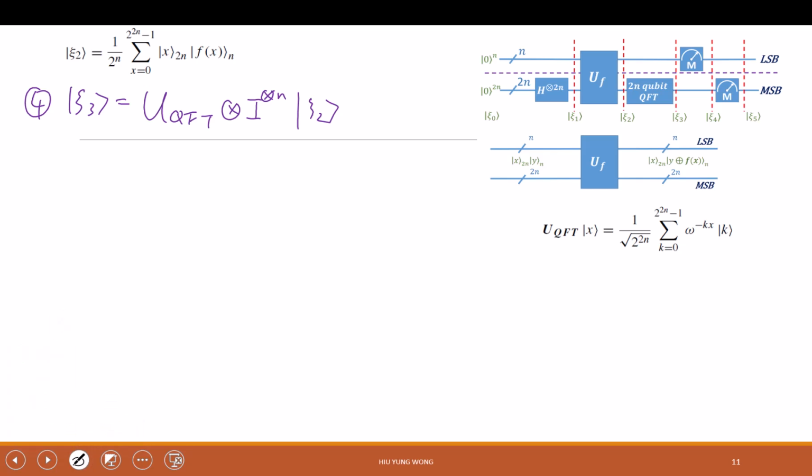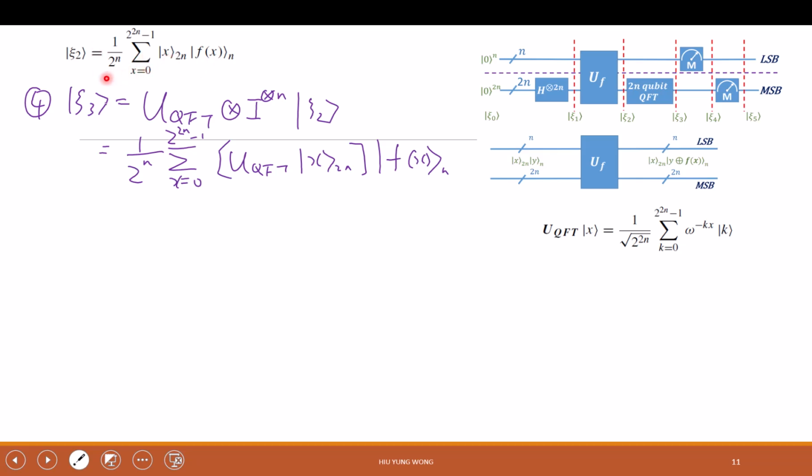So if I get this into it, I get 1 over 2 to the power n summation x equal to 0 to the power 2n minus 1. And then I can say, okay, this quantum Fourier transform is n qubit only applied to x 2n. And then we just leave this f of x unchanged. Right? So what I'm doing here is I apply this to here, right? So to the whole thing, right?